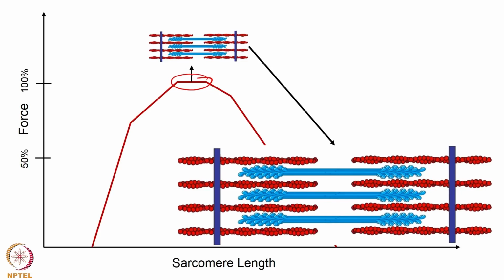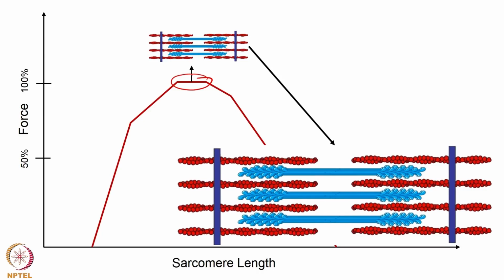Let us remember that it is the interaction of myosin with actin that causes force production in the sarcomere and in the muscle, right. So, for us to have maximum force, you have to have an optimum length at which myosin is able to interact with the largest number of actin filaments.